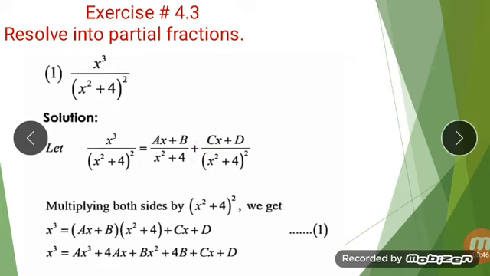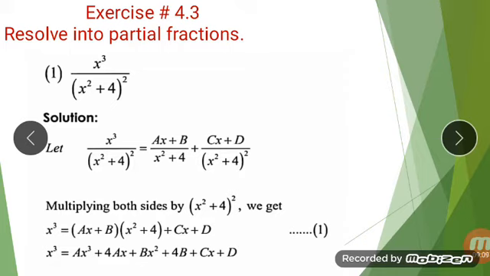In order to find the unknown values, we have to multiply both sides with the LCM in order to eliminate the fractions. So what will be the LCM? Of course the LCM will be x square plus 4 whole square. If you take the LCM of these two, you will get the same thing, as this is the whole and these are the parts.